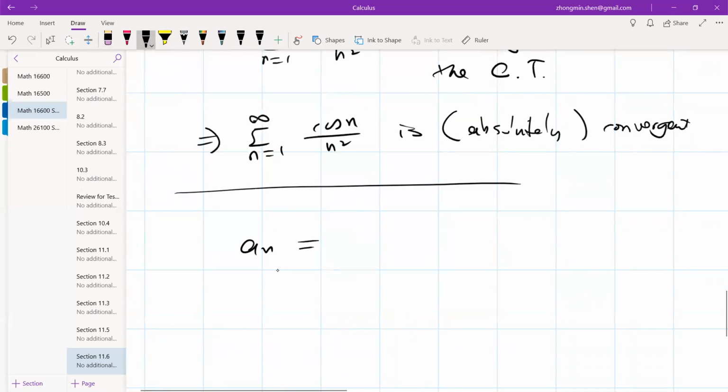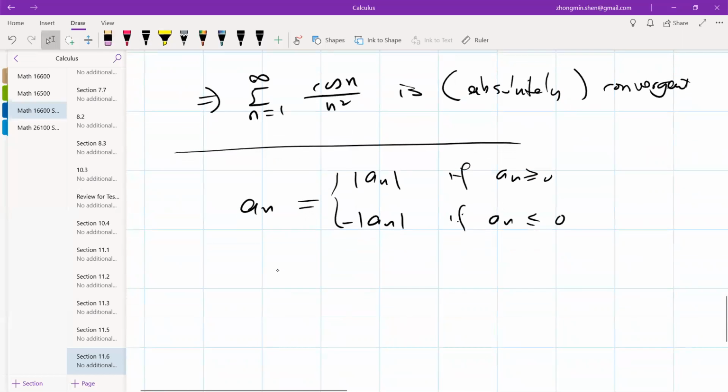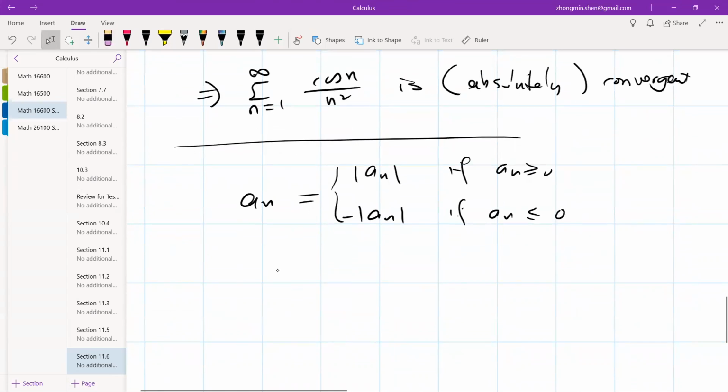This could be negative, could be positive. So if it's positive, then this is going to be a_n. If it's negative, it's going to be, let's write in this form, okay? All right. So what does that mean?